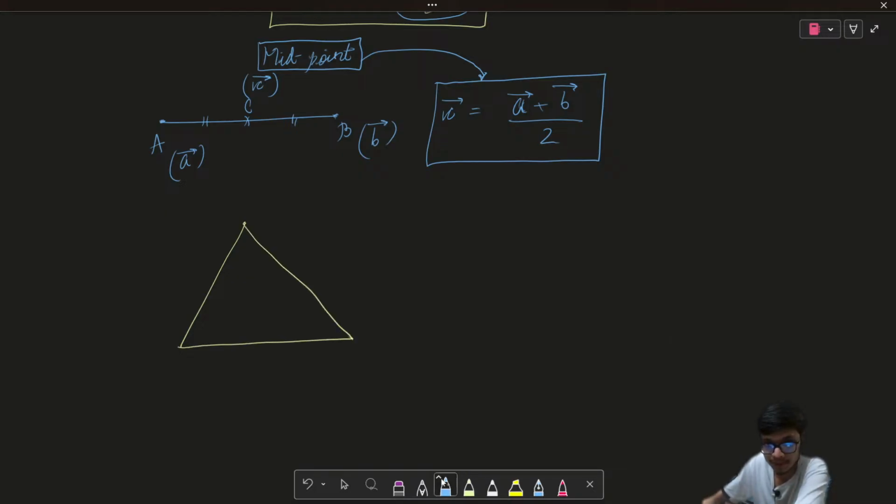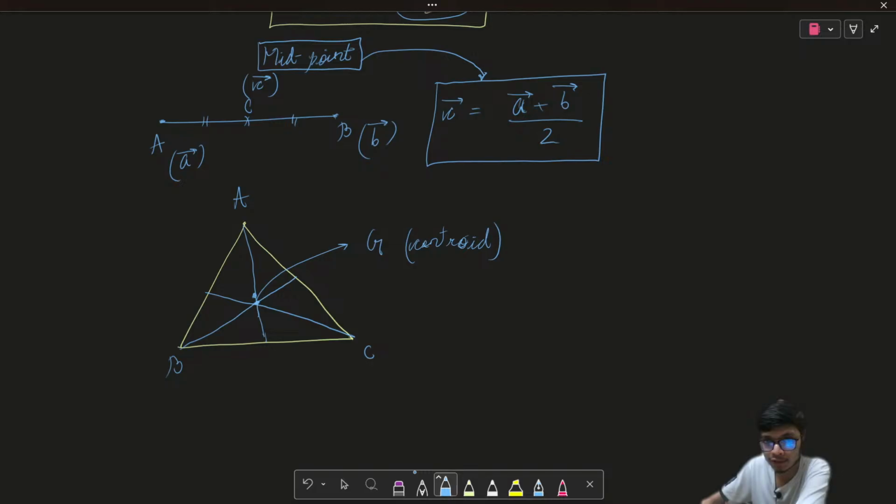So let us say I have a triangle whose vertices are given as A, B, and C, and I want to find out the centroid. The centroid is nothing but the intersection of the medians, right? This is my centroid, which I am representing by G.